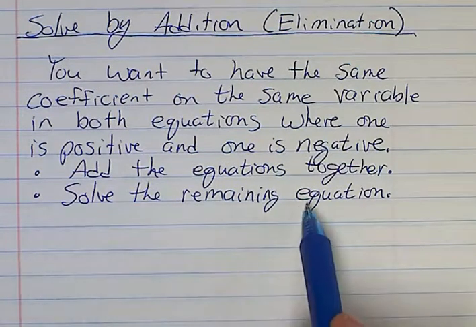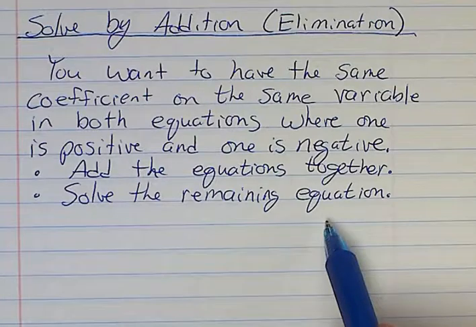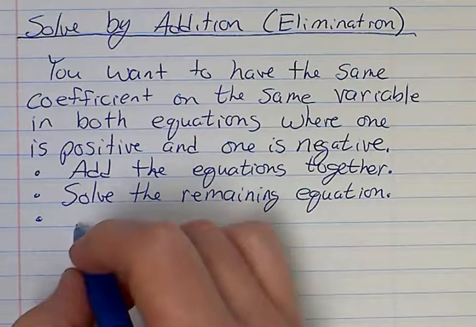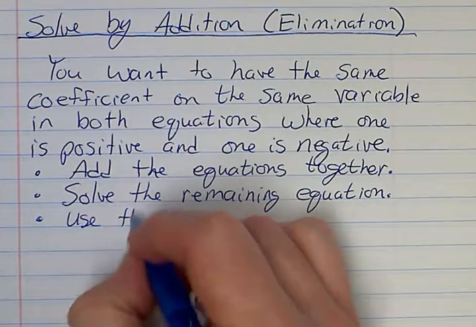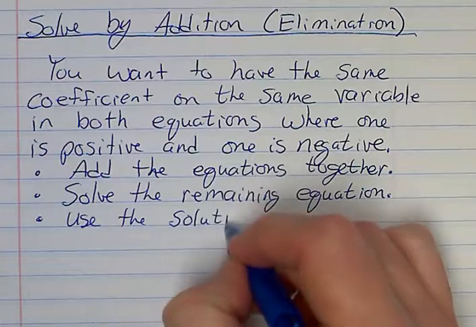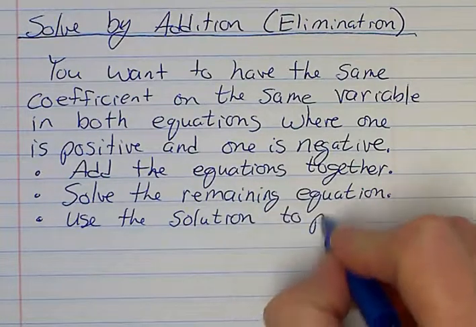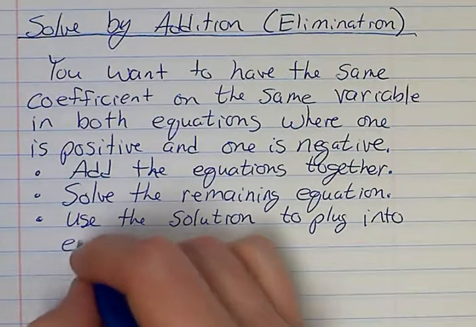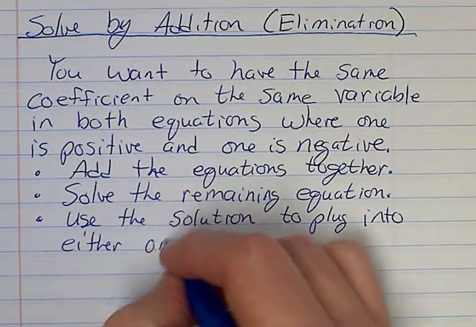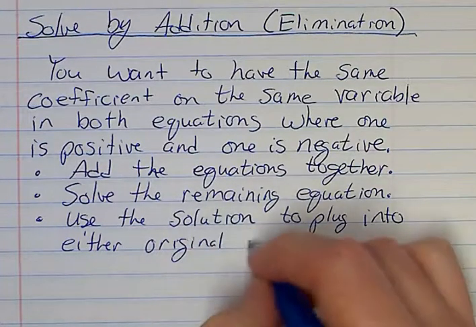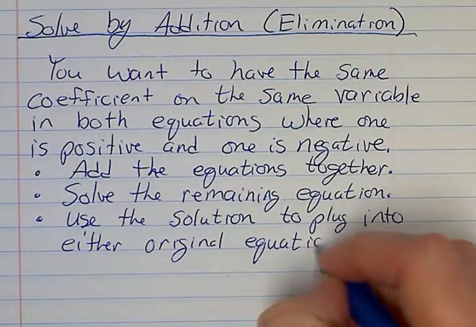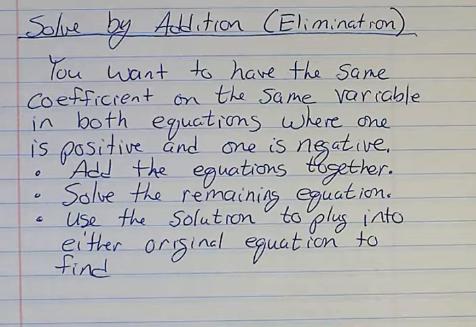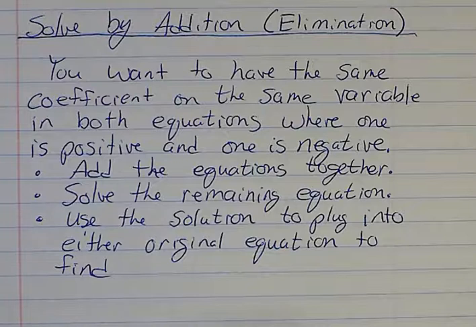And once you get this answer, you get x equals 2 or y equals 3 or x is 0 or whatever the number is going to be, you're going to have to take this solution and you're going to take that solution to plug into either of the originals. And you're going to plug that in so that you can find the other variable that you need to find.